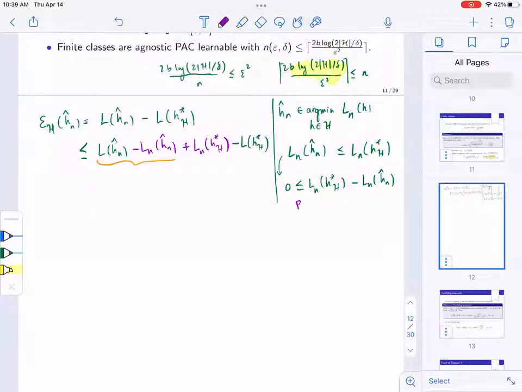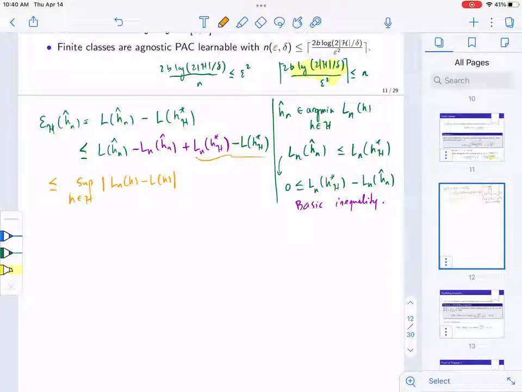Let's call this the basic inequality. This would be bounded by the absolute value of L n h minus L h, supremum over h in the class. Bounded by this. This term is also bounded by that, because both h hat n and this are there, so this is going to be twice that.